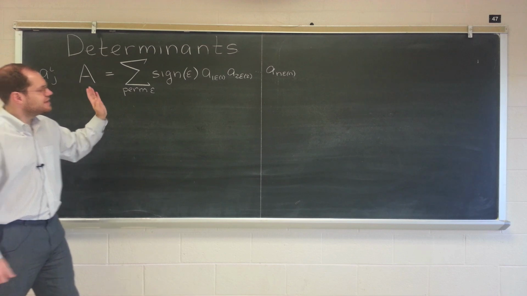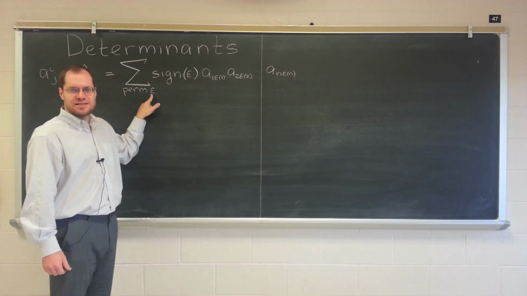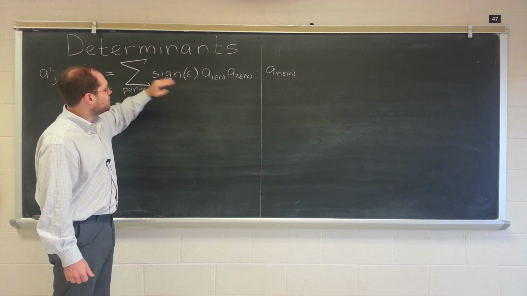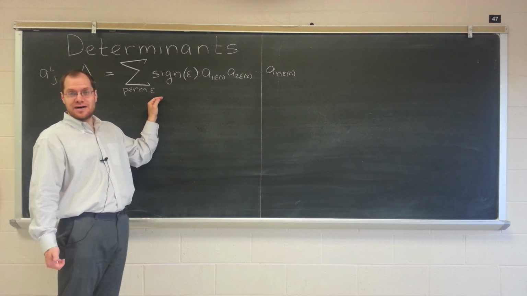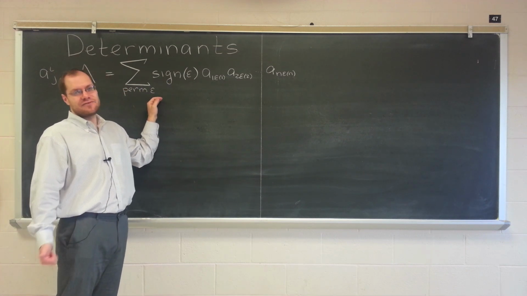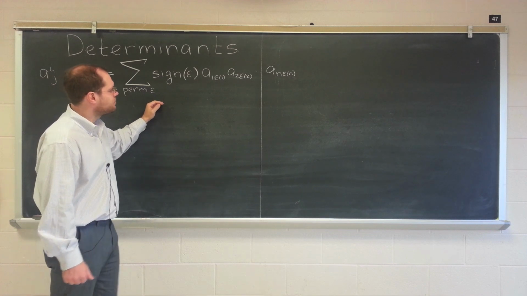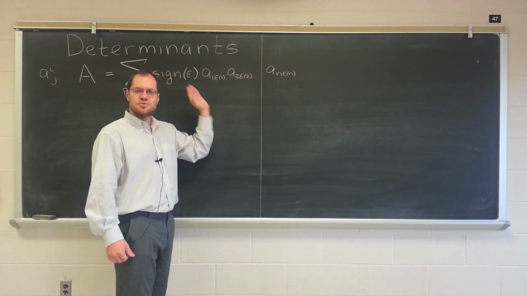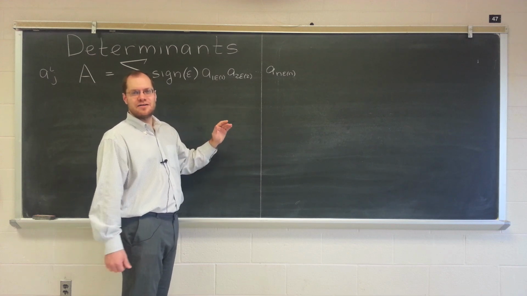So it includes a summation of all possible permutations where you multiply the sign of the permutation, 1 if it's an even permutation, and -1 if it's an odd permutation, by a combination of elements so that there's one element in each row and each column.